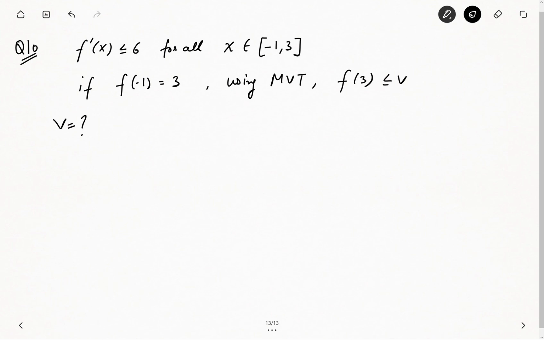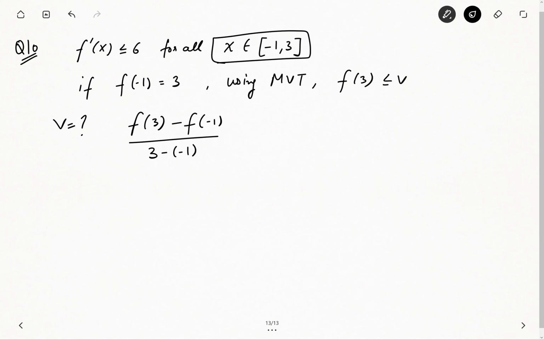Now we have to frame the argument in a way that we figure out the whole situation using the mean value theorem. If you're trying to write the mean value theorem form of the secant line for the function in this domain, you write (f(3) - f(-1)) / (3 - (-1)) must be equal to the derivative value at some unknown c. Given all that information, f(3) is just v, so we keep that.